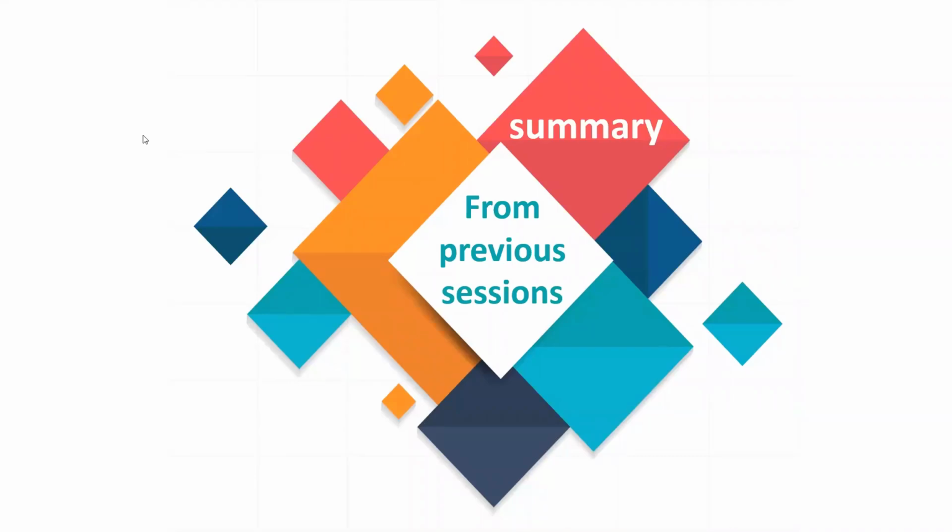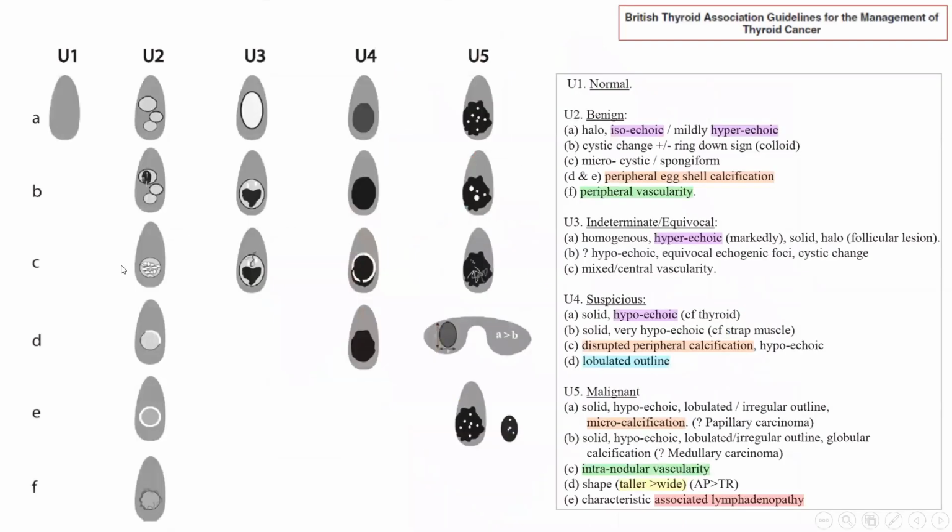As in the previous sessions, before starting today's session, I will cover the summary from the previous sessions, the most important slides. This is one of the most important slides in my previous presentations.